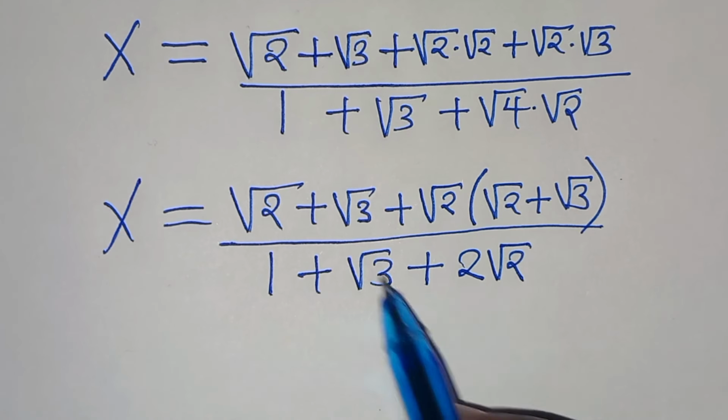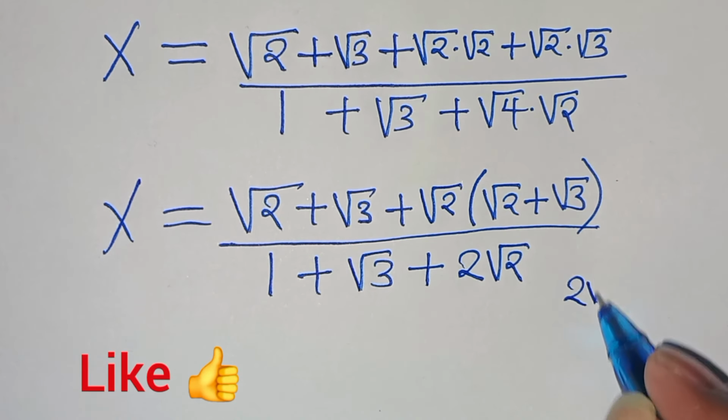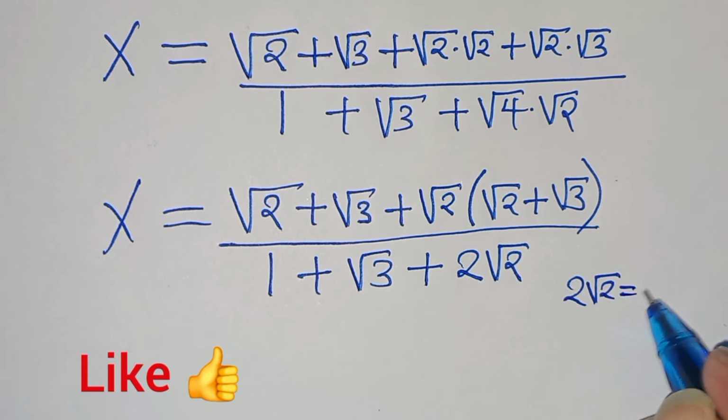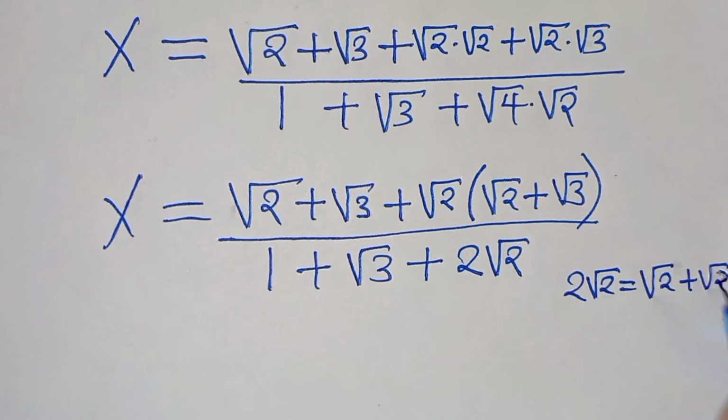Now, the next step from here, we have that 2 square root of 2 is the same thing as square root of 2 plus square root of 2.